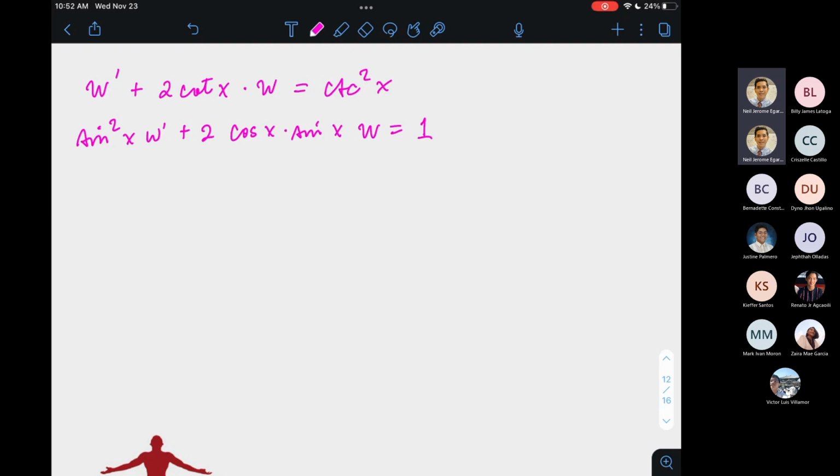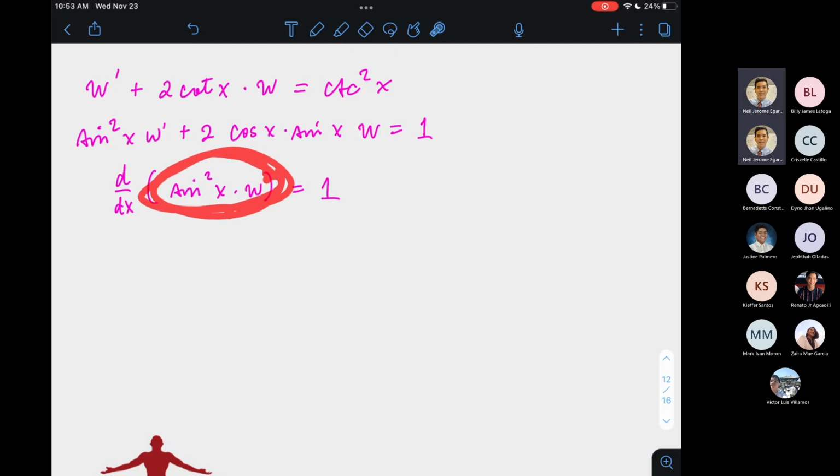Okay? Tapos the reason why we multiplied both sides by the integrating factor is so that the left-hand side of the equation we have right now will be a derivative that came out of the product rule. Specifically, this is the derivative of sine squared x times w. Pwede nyo i-double check, i-differentiate nyo to para malaman nyo kung tama yung integrating factor na kinuha nyo.